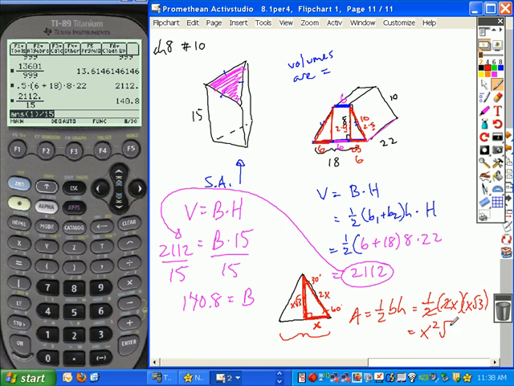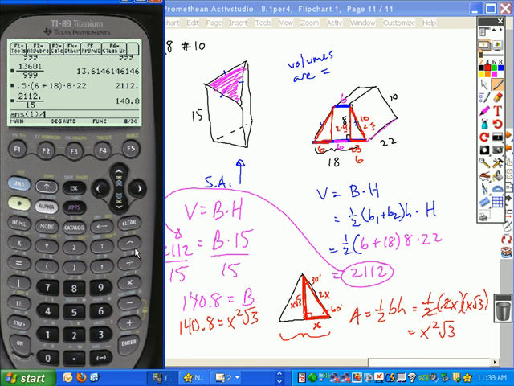We get x squared root 3 is the area formula. And so if we plug this back in right here, we can find what our side length is going to be. If we take 140.8, set it equal to this area formula, x squared root 3, and then solve for x, that's going to give us this portion of the right triangle length.